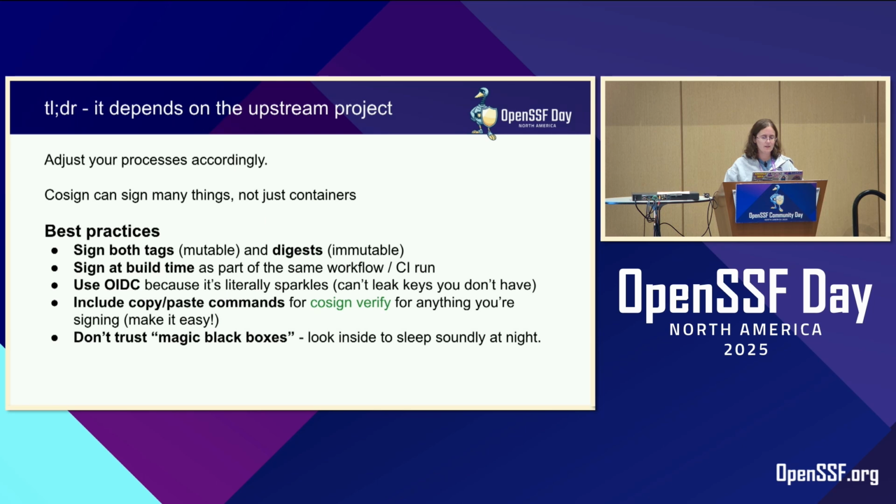But most importantly, whether you're on the maintainer side or the user side, or most of us in both, don't trust a magic black box. Look inside it to sleep soundly at night.